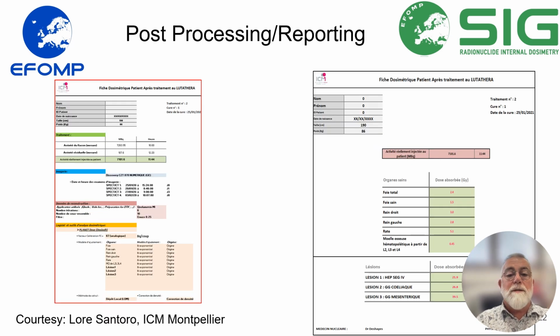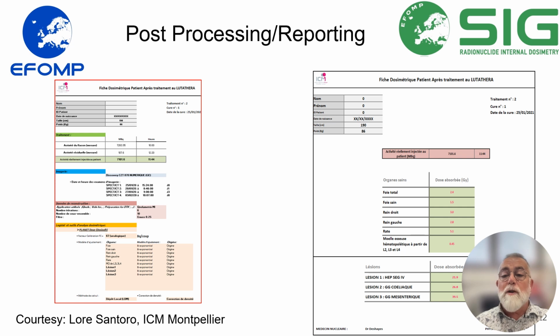And then reporting. So you have here an example provided by my colleague Laura Santoro from Montpellier. And in Montpellier, we are generating two reports. So to the right, and that's in French, to the right, you have a report that is given to the clinician. So with patient name, with number of treatment, is it the first, second, third, fourth cycle of, that's for Lutathera therapy.